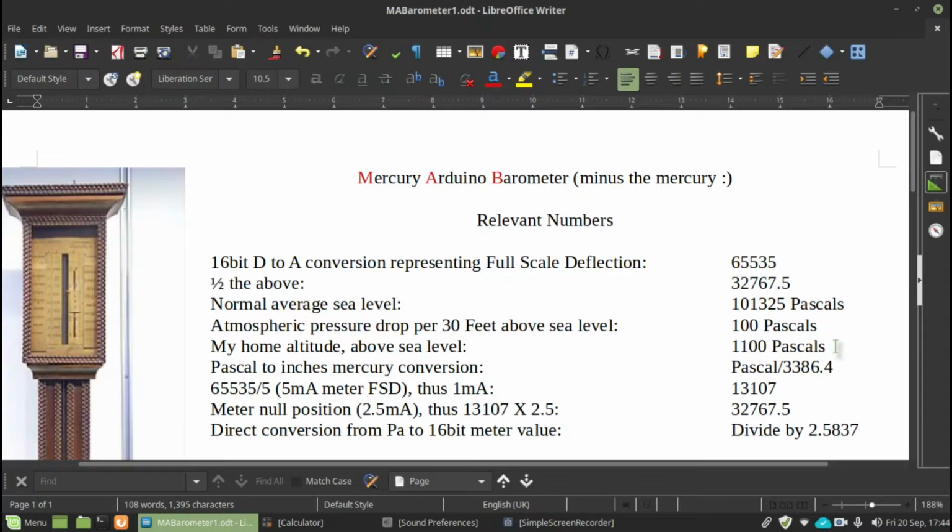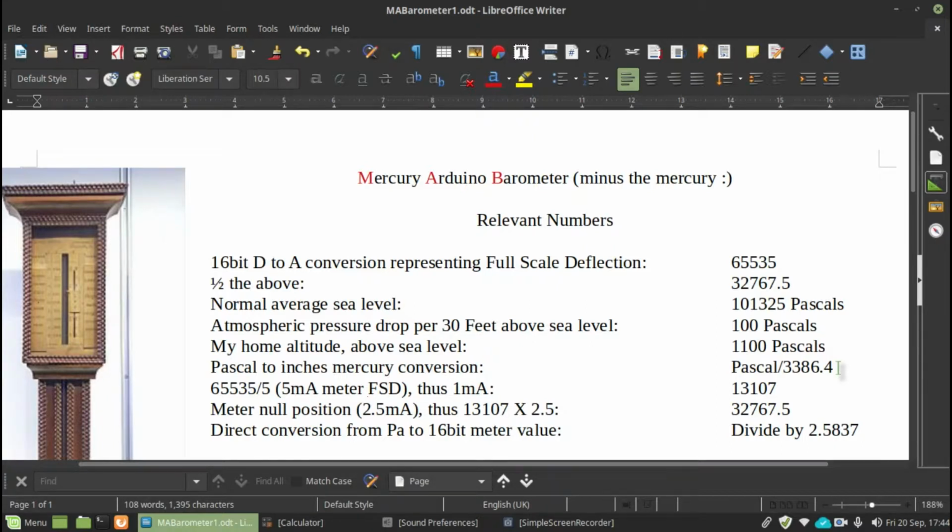I live 330 feet above sea level, so that would translate into 1,100 pascals.